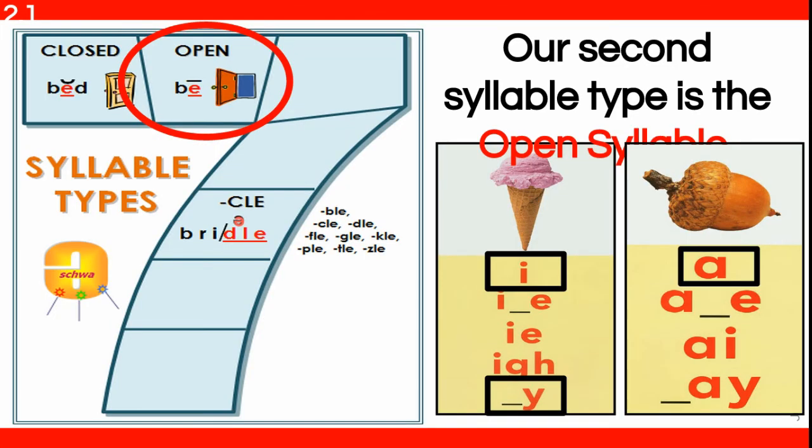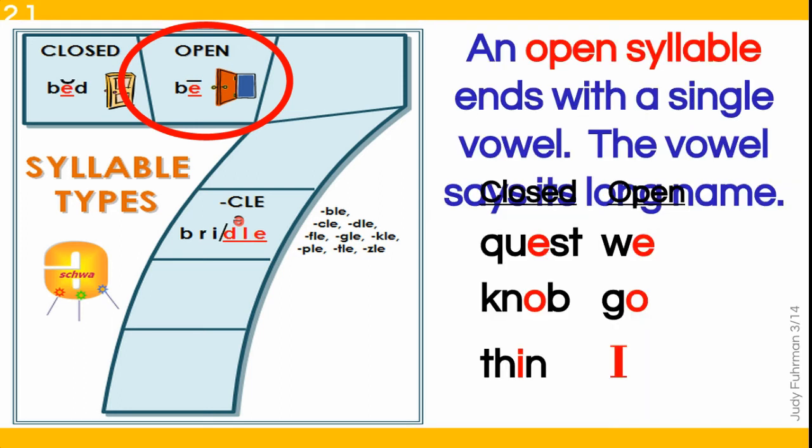Okay, and we're also going to add the number 7, the syllable types now, to an open vowel, which is a long vowel sound. So our second syllable type is the open syllable. As you can see, the I, the long I card, and the long A card, and the spelling patterns when you have a long I and a long A. An open syllable ends with a single vowel.